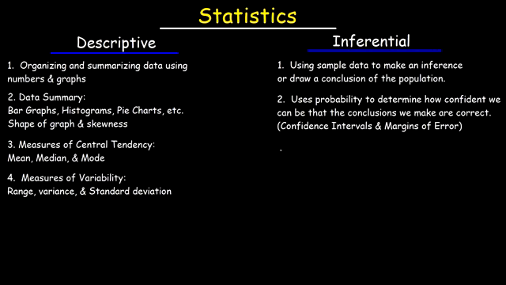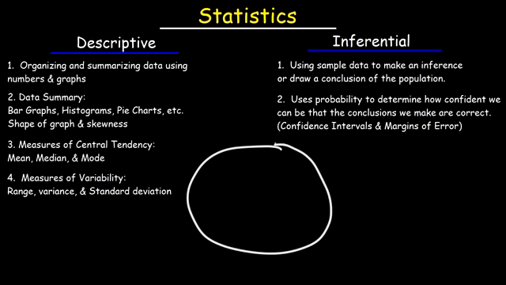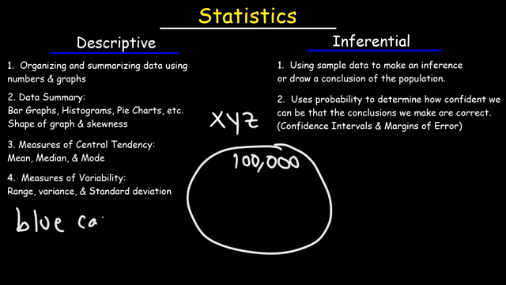Let's say in city XYZ, the population is 100,000. Now let's say we wish to make a test. How many people in this city like blue cars? How can we find the answer to this question?